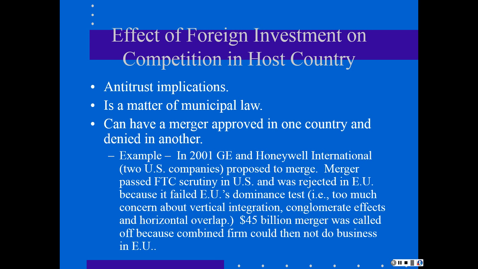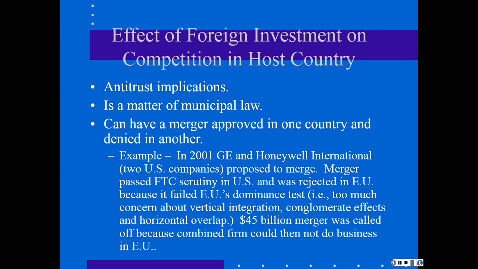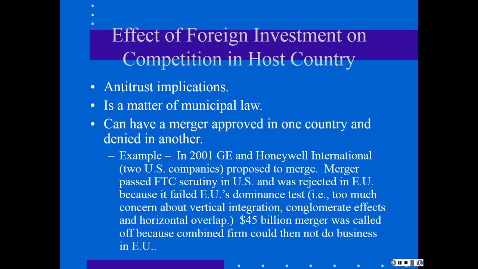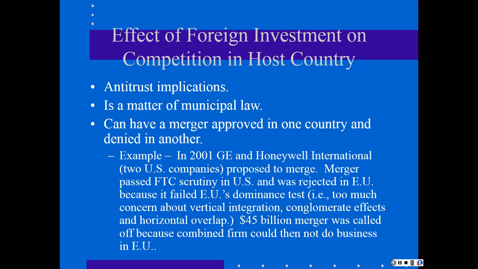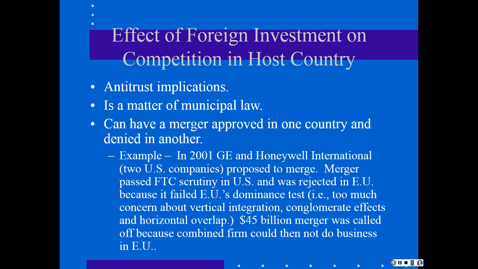But for example, in 2001, General Electric and Honeywell International, two very large U.S. companies, especially General Electric, proposed to merge. The merger passed Federal Trade Commission scrutiny in the U.S., but the European Union rejected the merger because it failed the EU's dominance test.